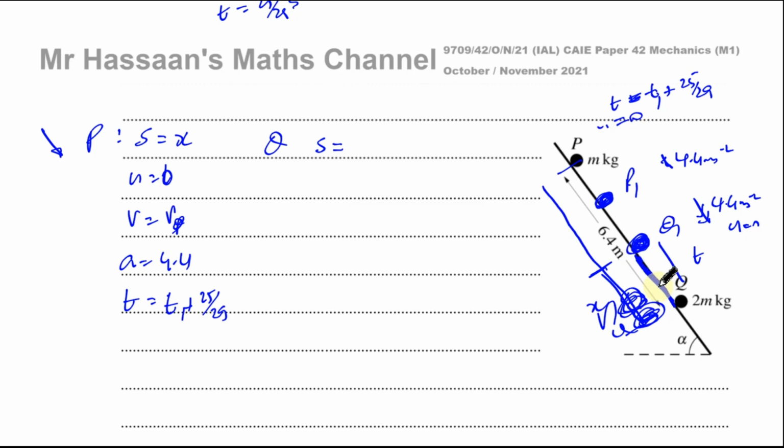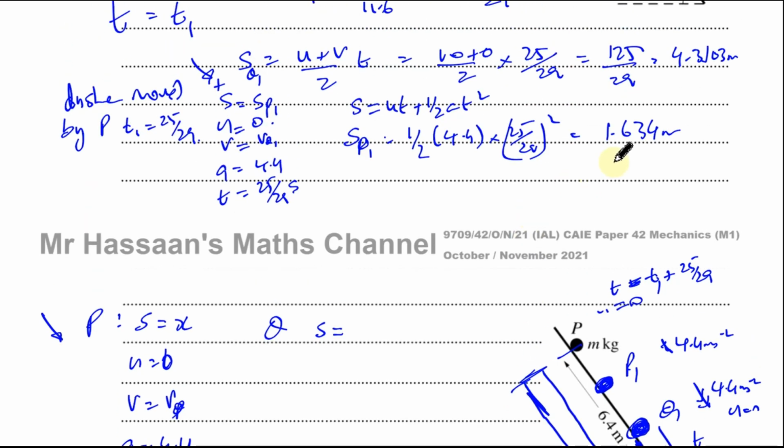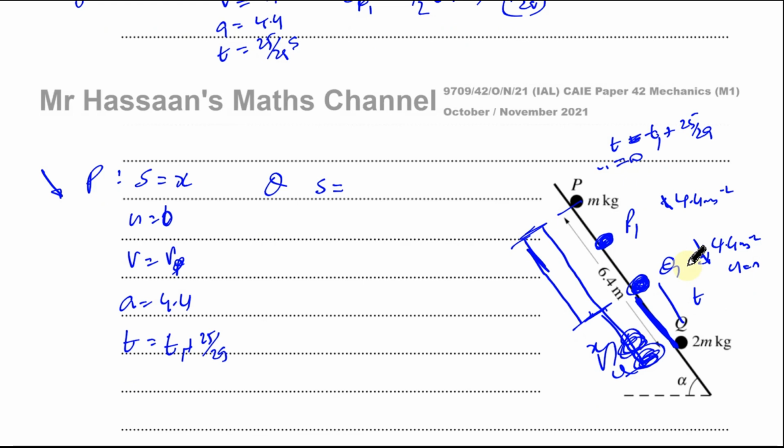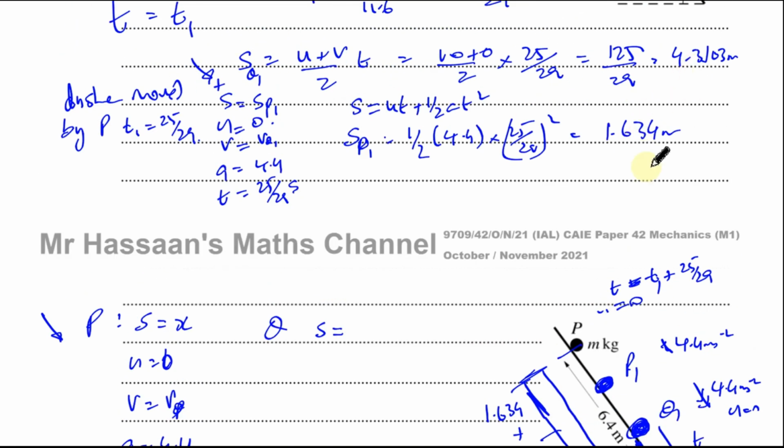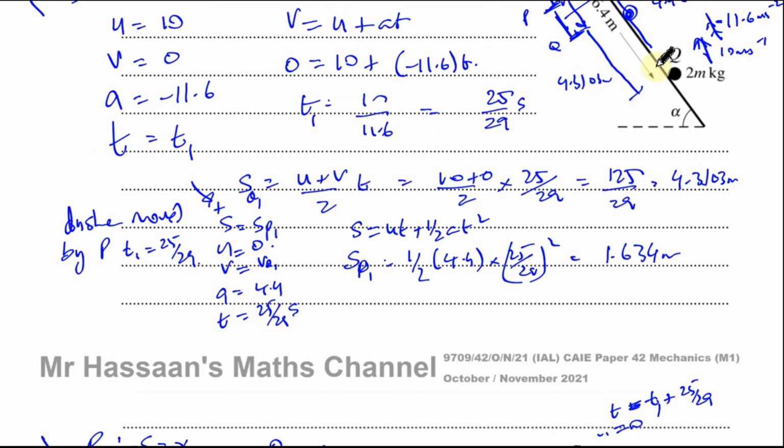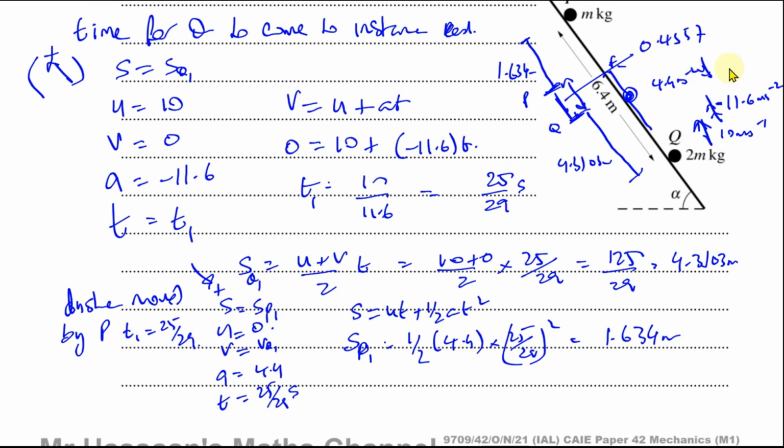this distance here, which, how can we relate it to the distance that P travels? Well, we know this total distance was, we can work it out, because 1.634 was the amount that P moved, plus this distance here, which was the difference between them, which we worked out as 0.4557.